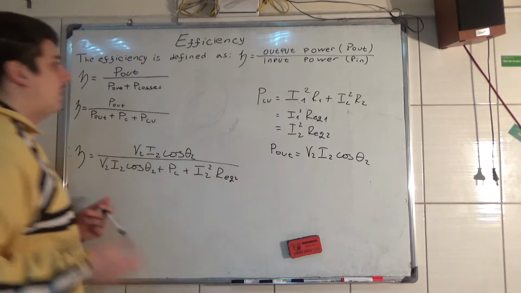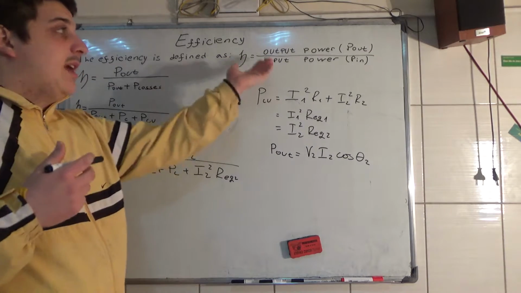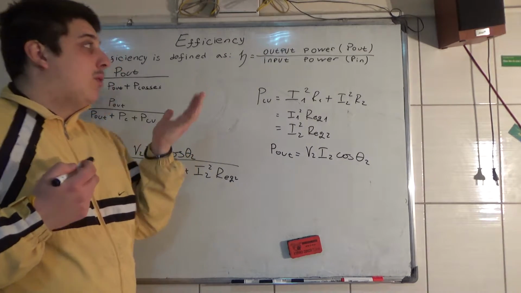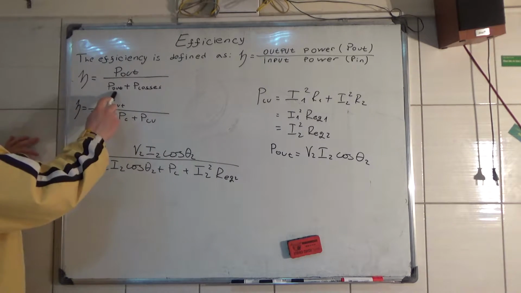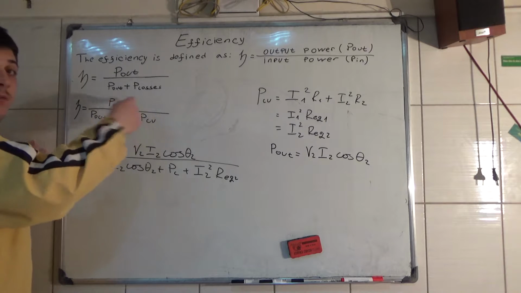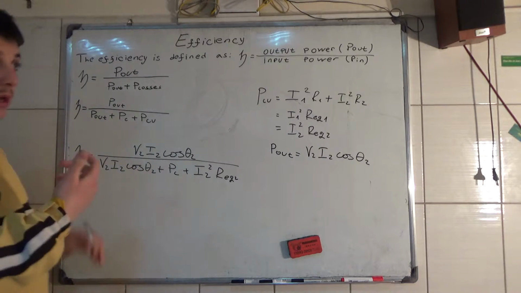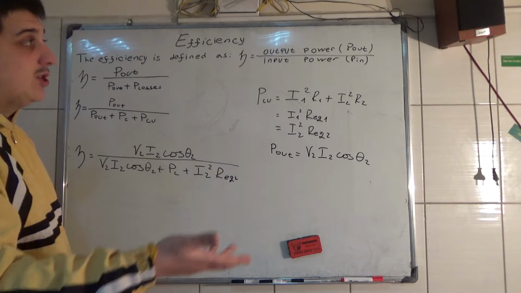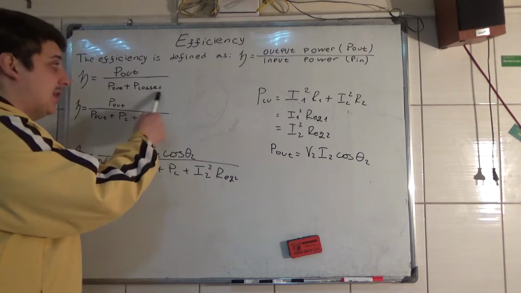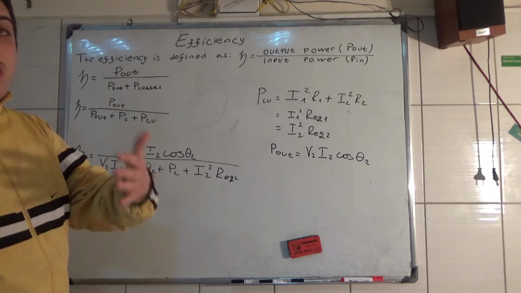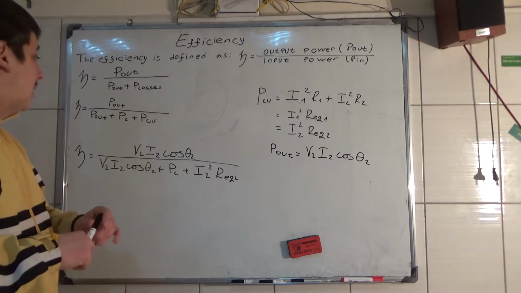Now, what is the input power? The input power can be defined as the output power, P out, plus the power of the losses. We supply some energy into the system on the primary side, and there are some losses, for example the core loss and the copper loss or windage loss.